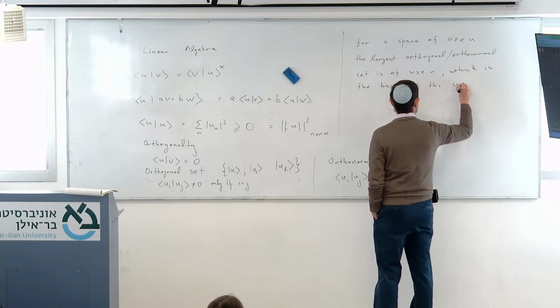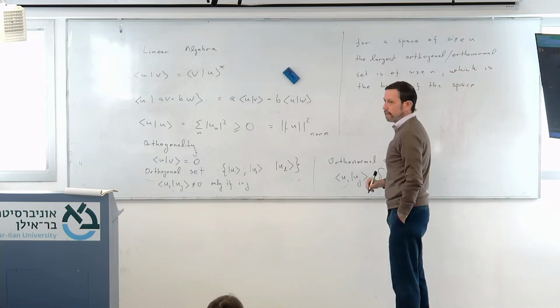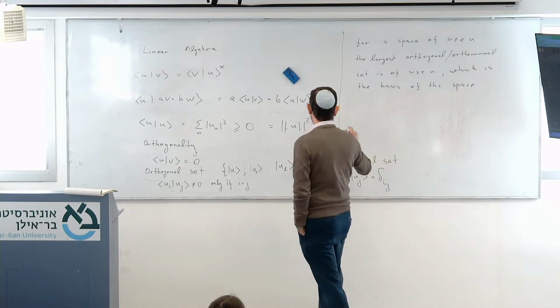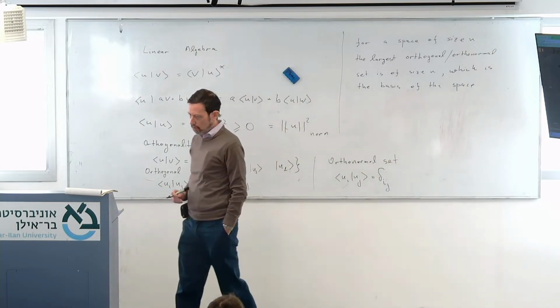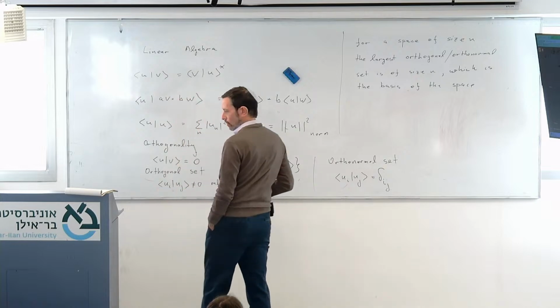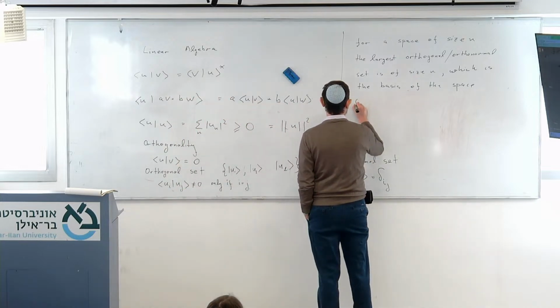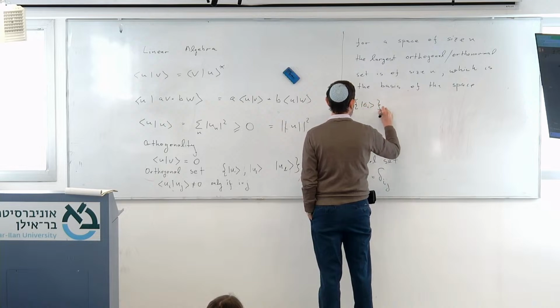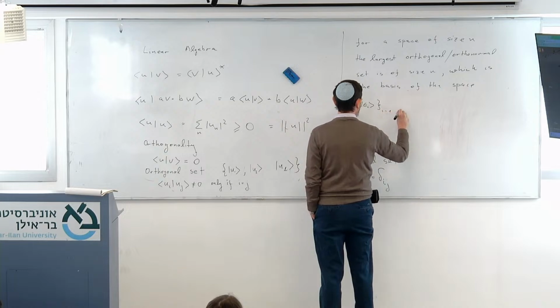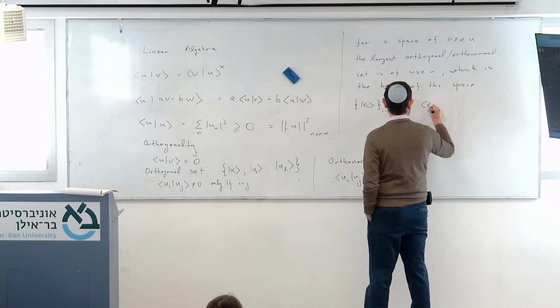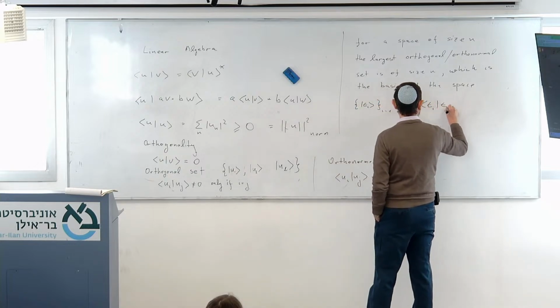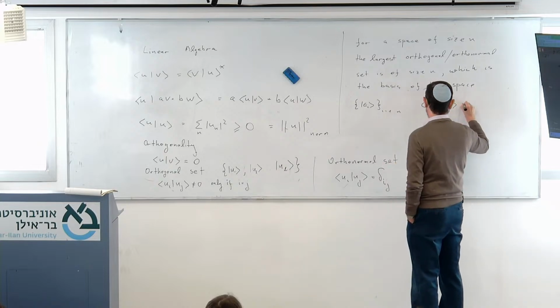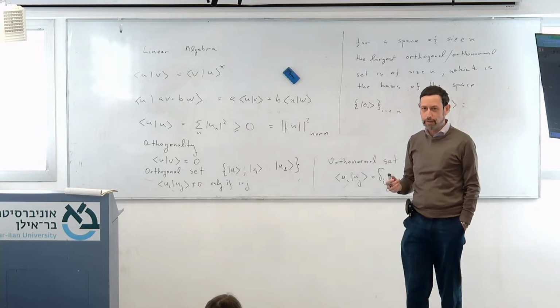What does it mean that it's a basis? It means that if I have such a set, we call it E_i, I choose an orthonormal one because it's nicer and easier to work with.